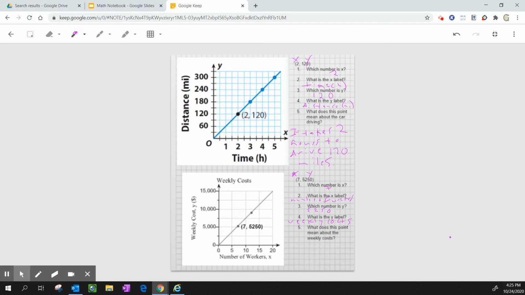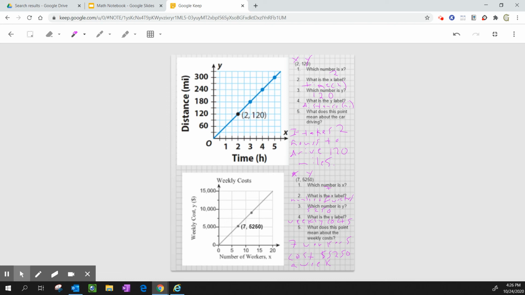If we give it the labels, it's 7 workers. So we could say something like, 7 workers cost $5,250 a week. Because that's what weekly cost means, right?